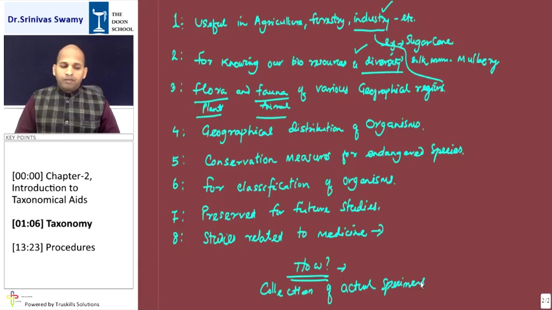So this is essential. And this collection can be done by many procedures and techniques that have been established over a period of time, which I will not be discussing at this point. But what we can look at is the methods or procedures basically used for storage and preservation.